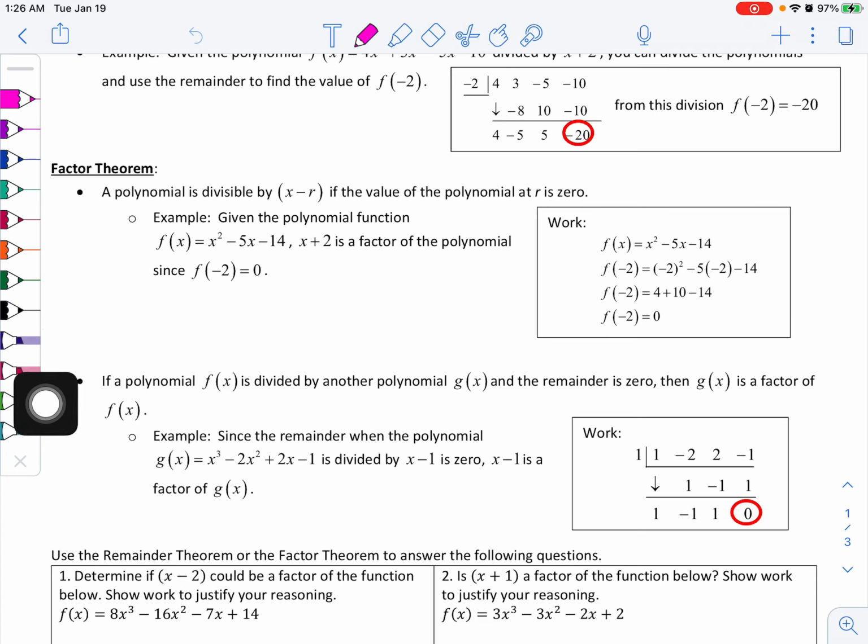Or if you do division and you end up with a remainder of 0, then again, what you were dividing by is a factor. So we're going to use the factor theorem and the remainder theorem to solve some problems.